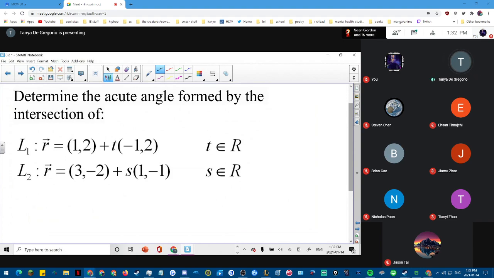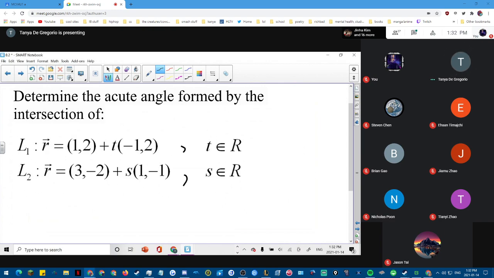So line 1 is r equals (1, 2) plus t(-1, 2). What I'm getting from here is the point (1, 2) and a direction vector (-1, 2). So that means the slope is -2 over 1. Second, (3, -2) is my point, and my direction vector is (1, -1). Different parameters.